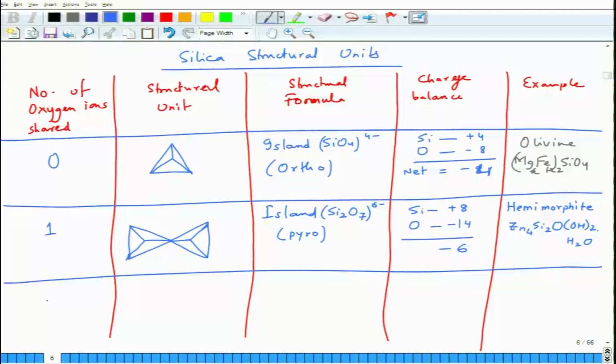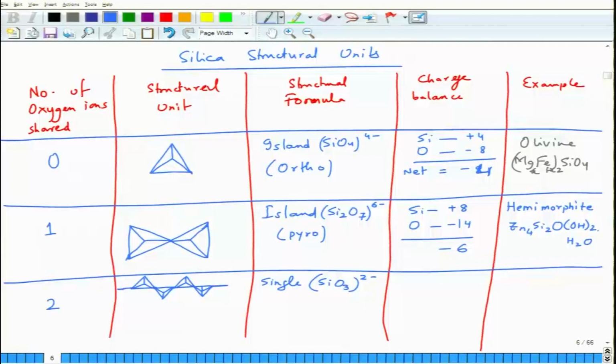Third one is called 2 sharing. In this case what you have is a single layer of SiO3, these are 2 minus. So, basically what you will form here is a chain, so you will have this kind of structure. You can see that you have 2 neighbors only, it has just a chain like structure, no 3D structure.